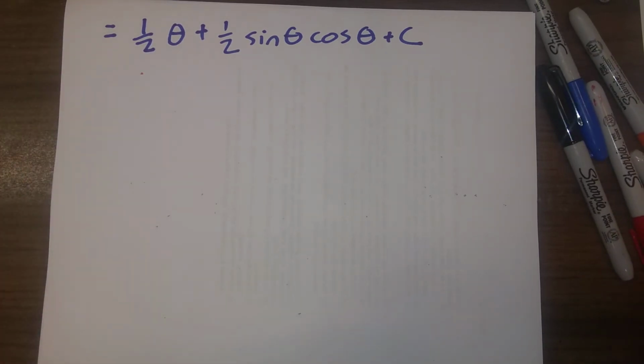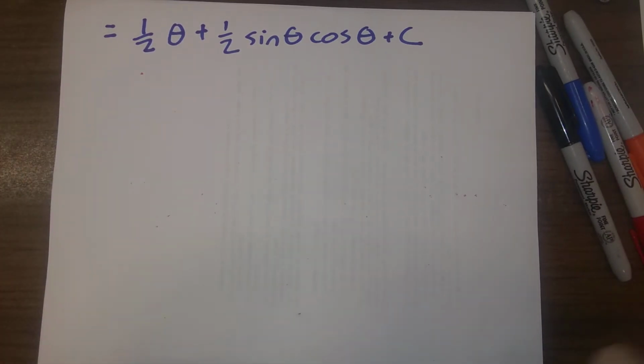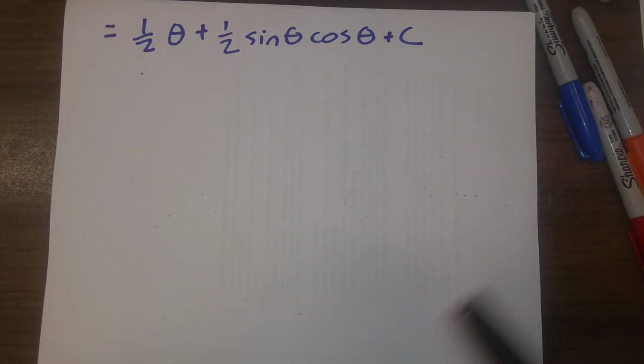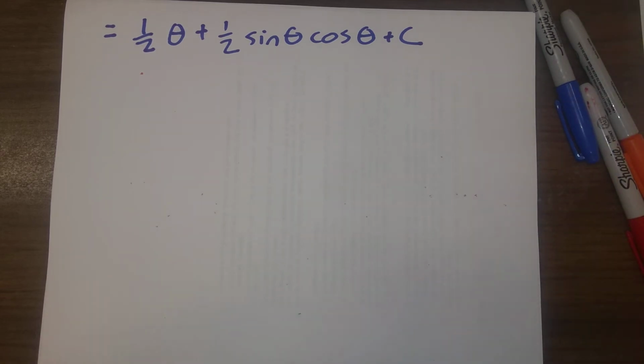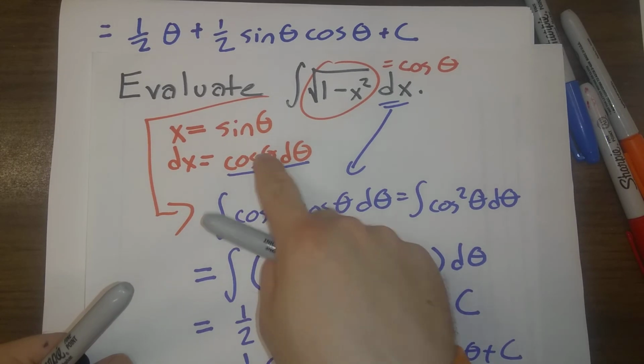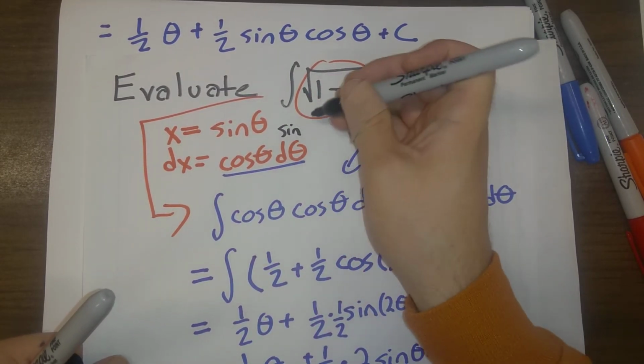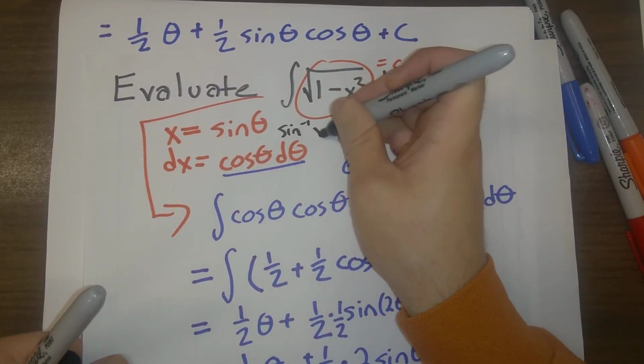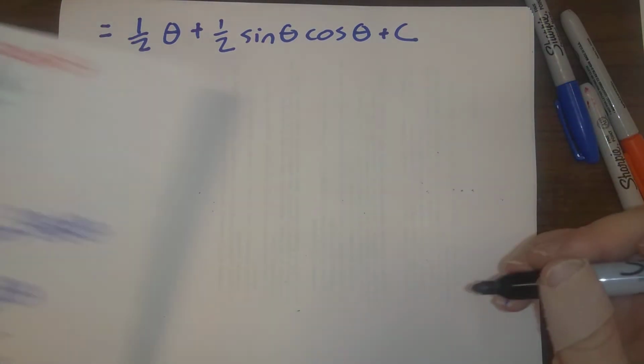Now we're at the point where we just want to substitute back in. We've done the integration in terms of theta as our answer. Now we just want it in terms of x and we'll be done. Okay, so our choice from before, x is equal to sine theta, so that is inverse sine of x is equal to theta.